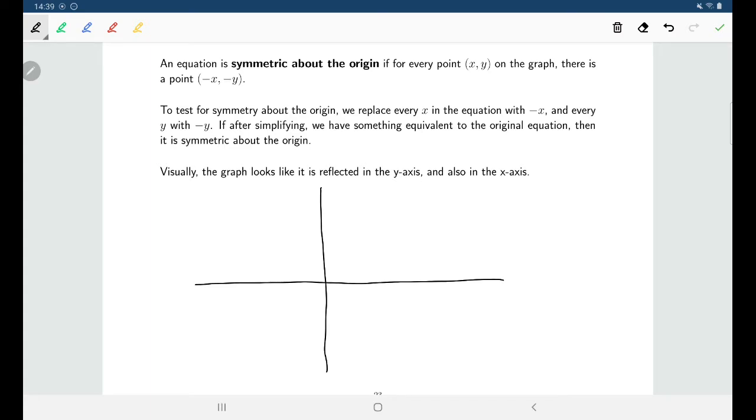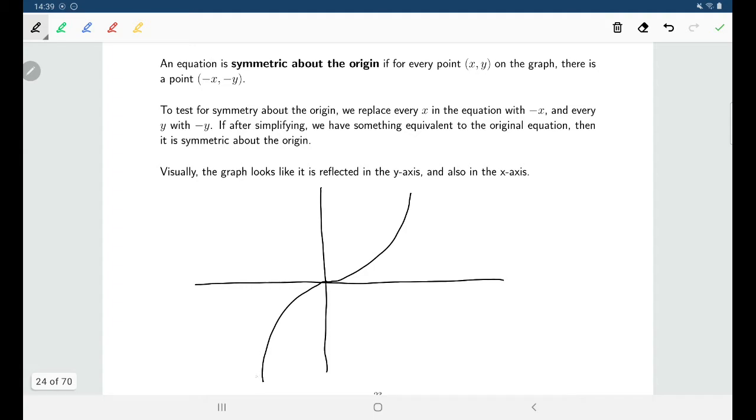When we say that something is symmetric about the origin, what we're really saying is that it looks like it's been reflected twice. So if I have a shape like this, and I reflect it once in the x-axis, it would be there. But then if I take this and now reflect it in the x-axis, it would be down here.